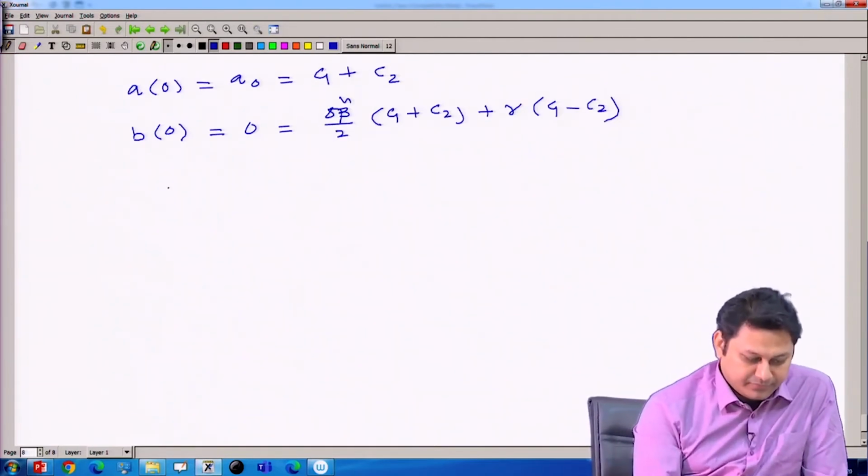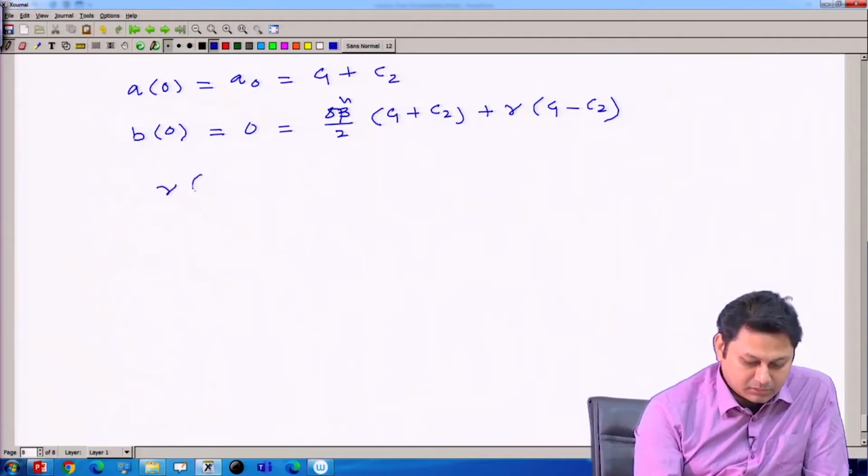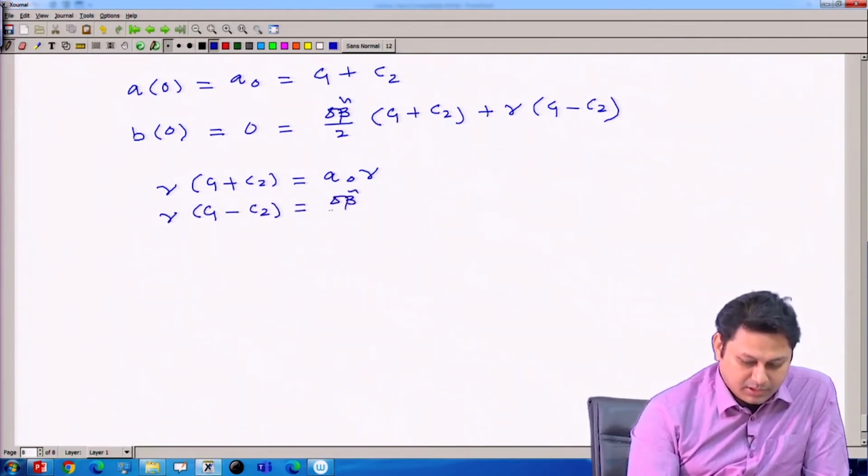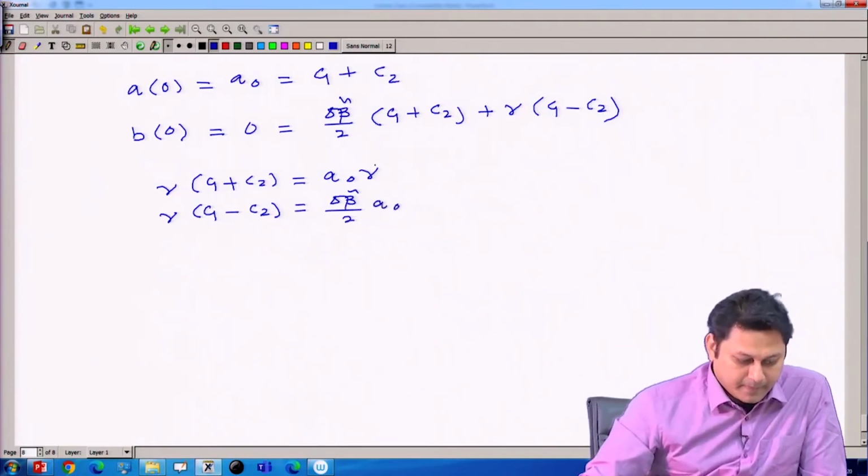So, I can have gamma C1 plus C2 as A0 gamma, and gamma C1 minus C2 as delta beta tilde divided by 2 A0.